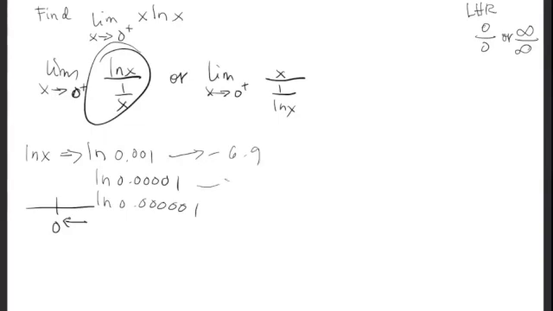Okay, what's the value of ln of 0.00001? The value is decreasing. When x is very close to 0, what happens? It approaches negative infinity. Now, what is the value of 1 over x?